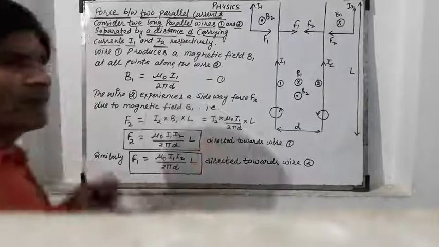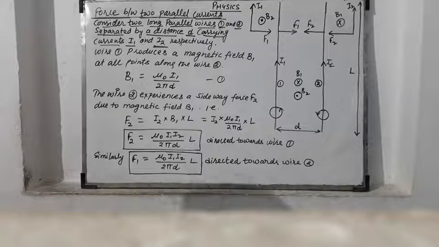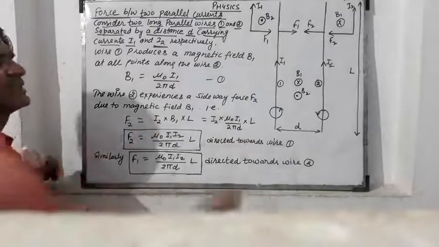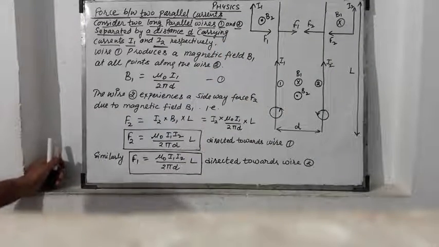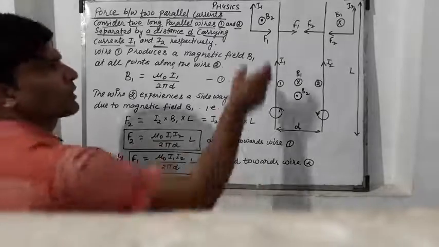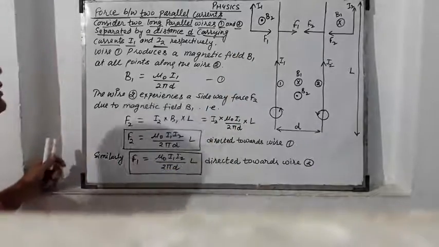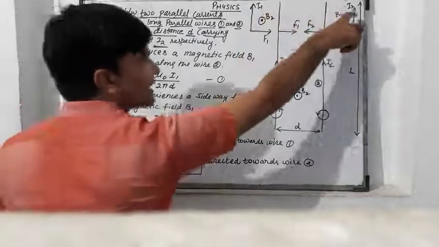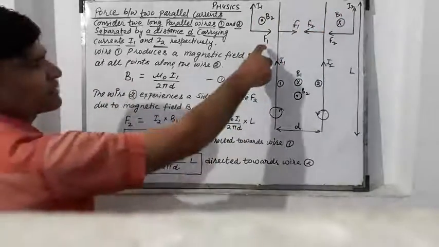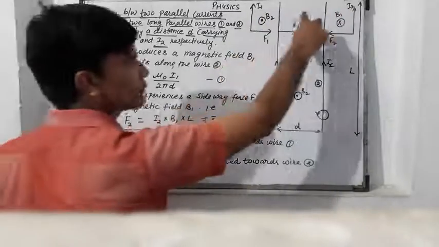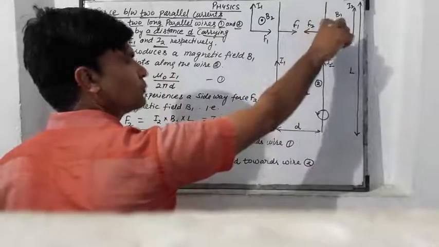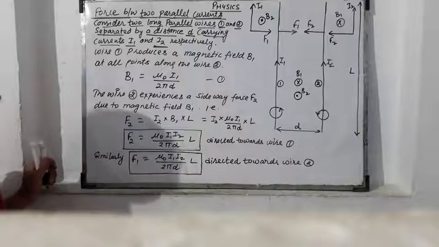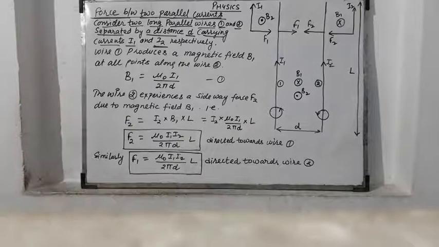As you have Fleming's left hand rule, if the current and magnetic field are given to you, then you can find the direction of force. So with the help of these diagrams, the direction of F1 is towards wire 2 and the direction of F2 is towards wire 1.